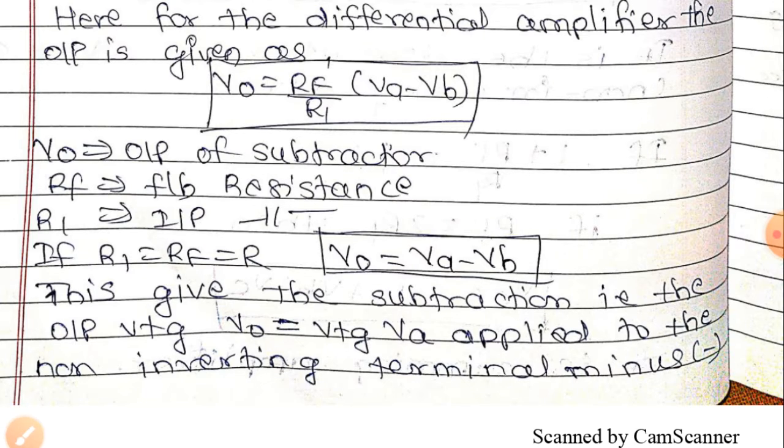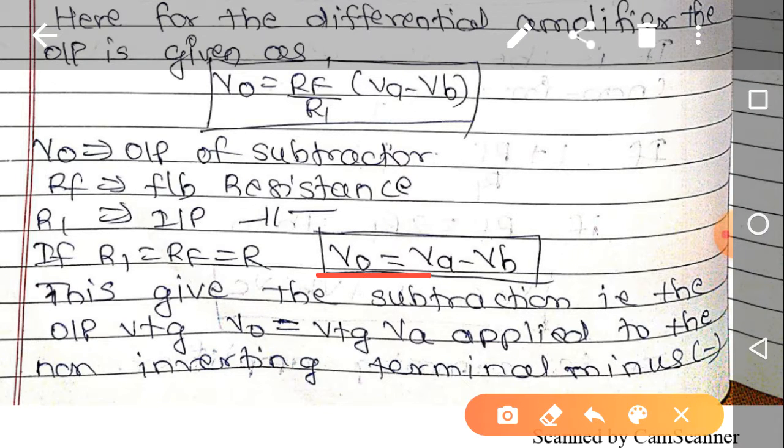According to this subtractor, the output voltage V0 is equal to the voltage applied at the non-inverting terminal minus the voltage applied at the inverting terminal. It is op-amp as a subtractor, application of op-amp as a subtractor.